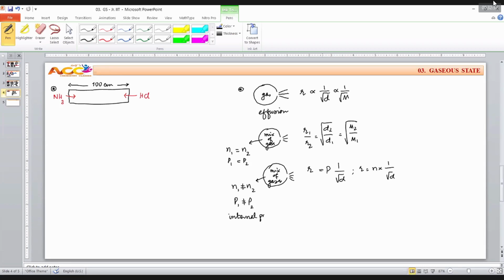Basically, rate of diffusion depends upon the difference in pressure of in and out. But outside pressure is almost constant, 1 atmosphere, therefore we do not write that one. Conceptually, we should be very strong. Hence, R1 by R2 is equal to P1 by P2, the modified form of Graham's law of diffusion.